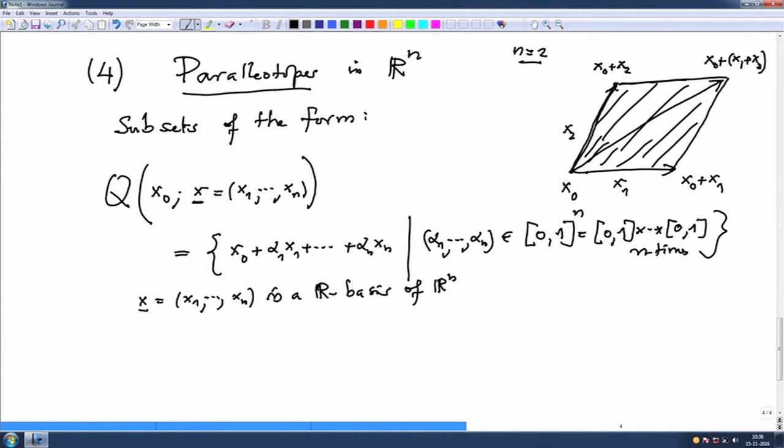So, one thing which is obvious is this Q(x0; x), this parallelotope, is the same as x0 plus Q(0; x). So, wherever I have this parallelogram, I will translate it to wherever the origin is.